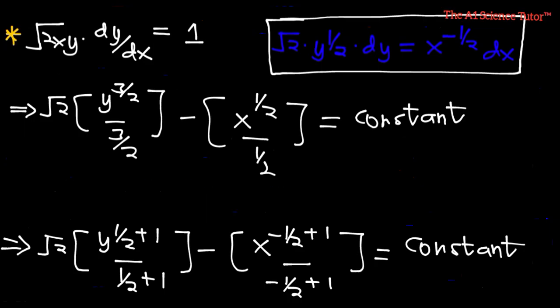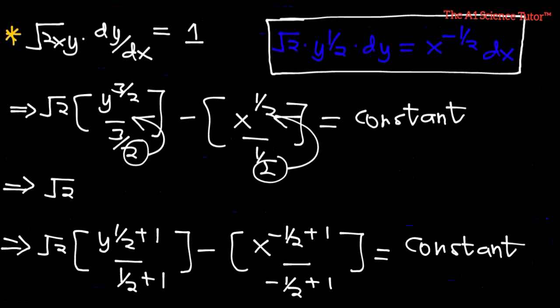Now we know that this can actually get taken up and this also. So we should actually have something like this. Root 2 multiplied by 2 y raised to the power of 3 halves, divided by 3.